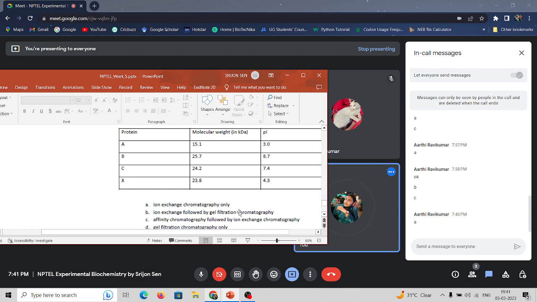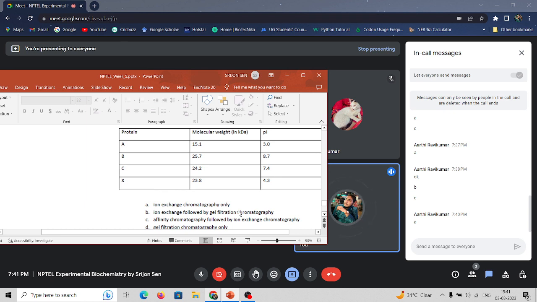But if you see, the PIs are actually close to each other, like 3 and 4.3 are close, and 8.7 and 7.4 are close to each other. So yes, you can separate them using ion exchange chromatography. That is true. But here you would be requiring two types of chromatography.